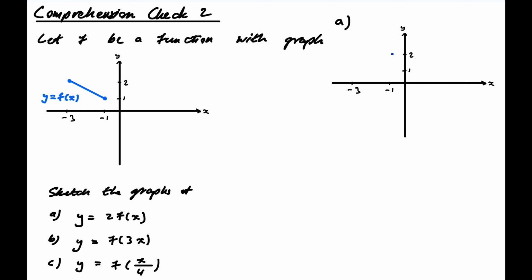You'd be there. And then at -3, you're at 2, that'd be stretched out to 4. So you'd be up kind of here-ish. So you'd be stretched out like that. Something not dissimilar to that.